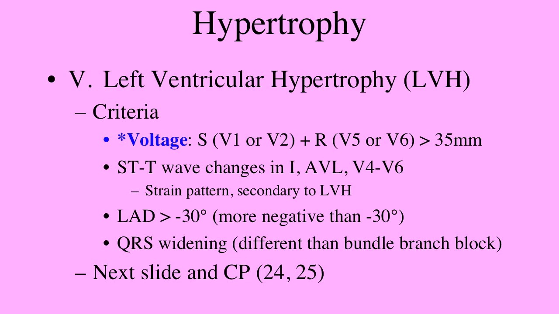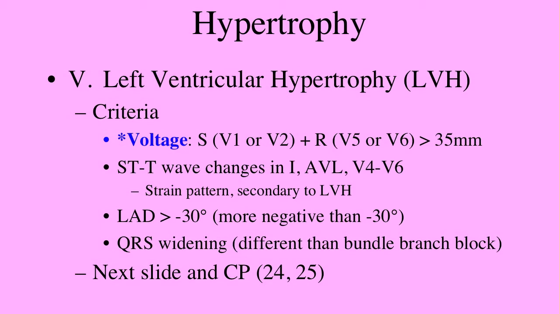You can add up the S wave distance. In this case, on the lower one on page 24 where the arrow is, you have so many millimeters that deflects downward from the baseline. And then you can take the R wave, and in this case V5, where the arrow is larger, and you can add up the millimeters that deflects upward.